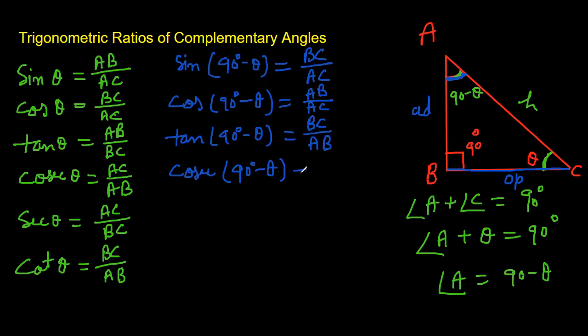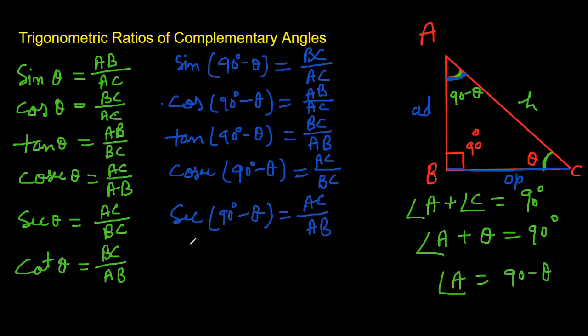So cosec of 90 minus theta is the reciprocal of sine here, which is AC by BC. We just make it upside down, AC divided by BC. And sec of 90 degrees minus theta means the reciprocal of cos. Cos is here, so AC divided by AB.